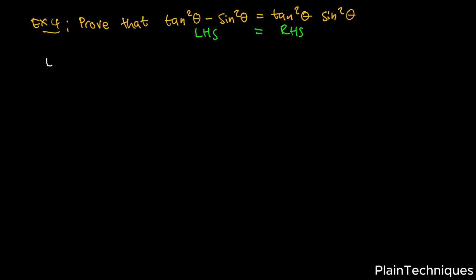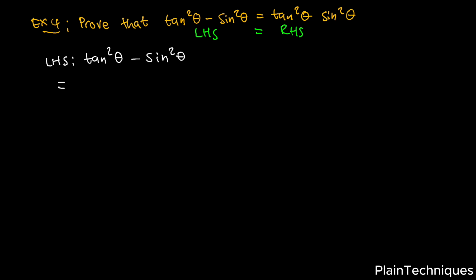So on the left hand side, what do we have? We have tan squared theta minus sine squared theta. All right, now you have tan. Remember, when you have tan, you simplify it by sine theta over cos theta.